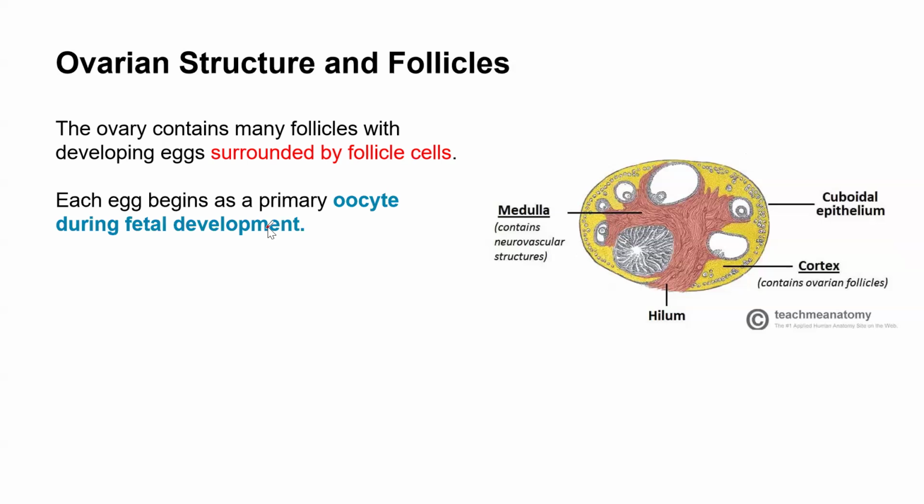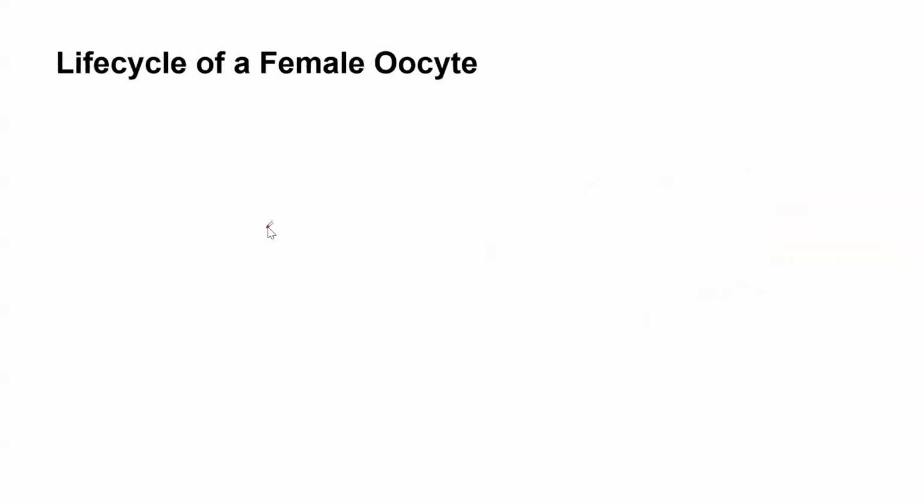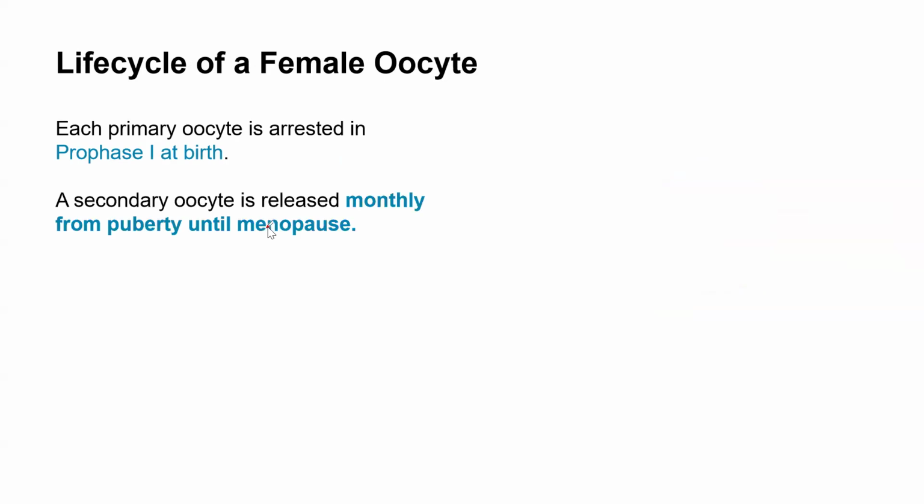So you see, each egg begins as a primary oocyte during fetal development. And then these follicles support the growth and maturation of oocytes during oogenesis. So then what is the life cycle of a female oocyte? Each primary oocyte is arrested in prophase 1 at birth. And then a secondary oocyte is released monthly from puberty until menopause.